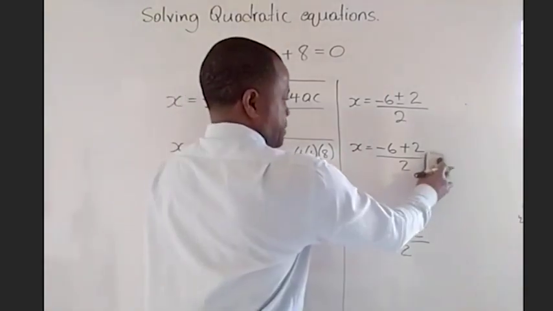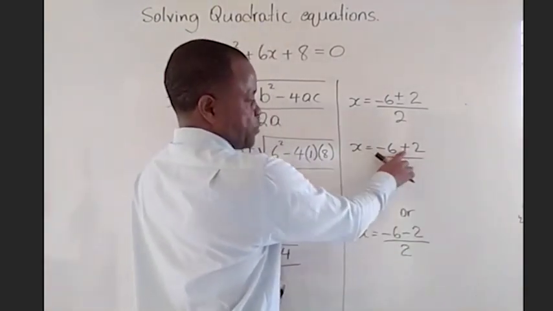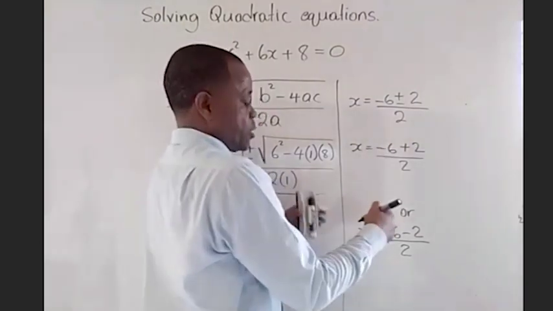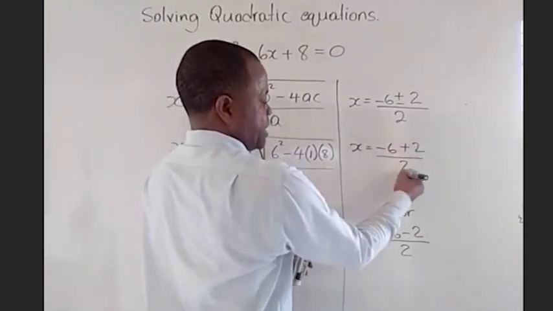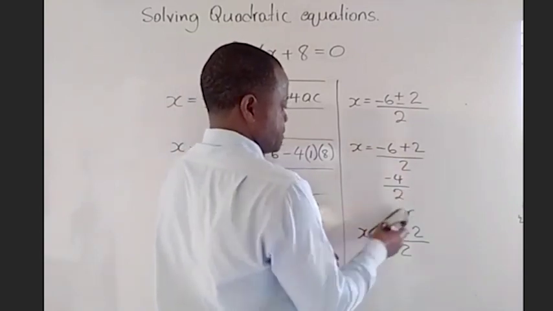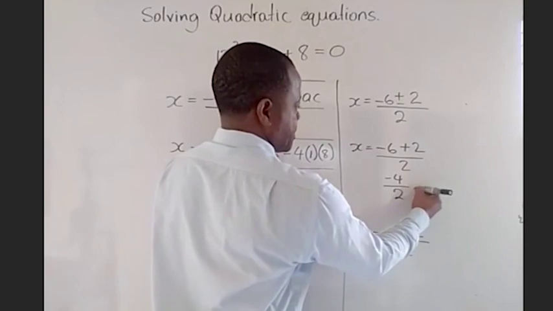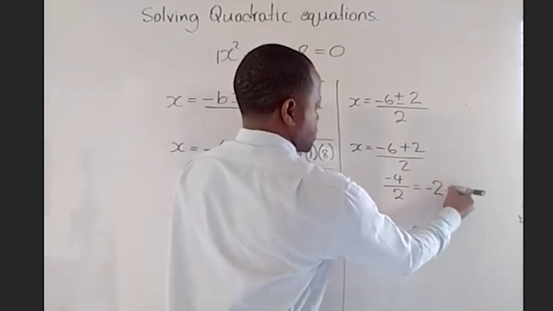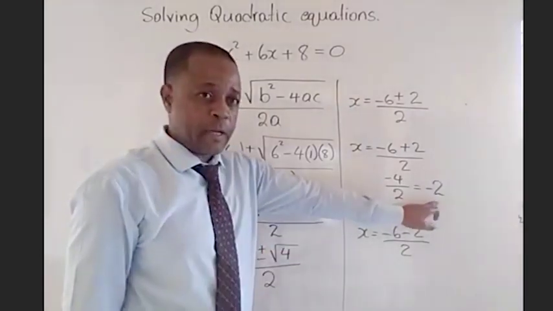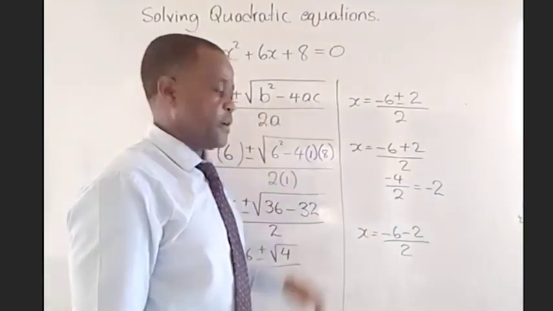Now here, negative 6 plus 2: you owe 6, you have 2. So you're going to end up paying the 2 and still owe 4. So it's 4 over 2, and this will end up giving us negative 2 for the answer. Good. So x is equal to negative 2. And we got that for the answer when we did our factorization.